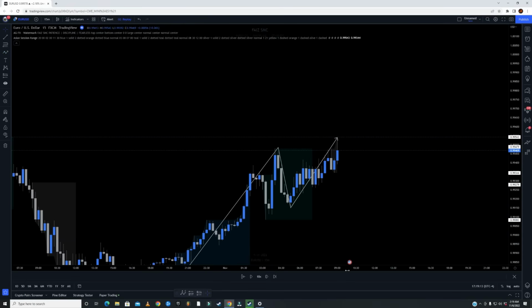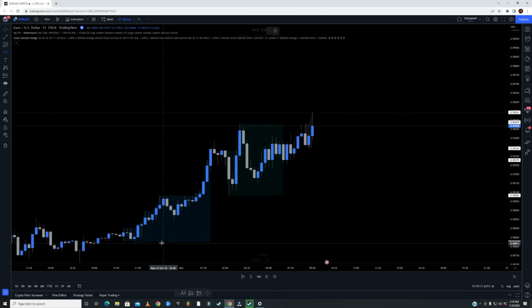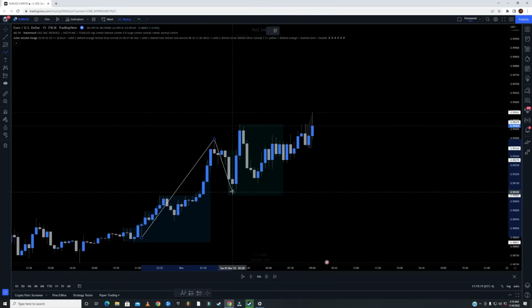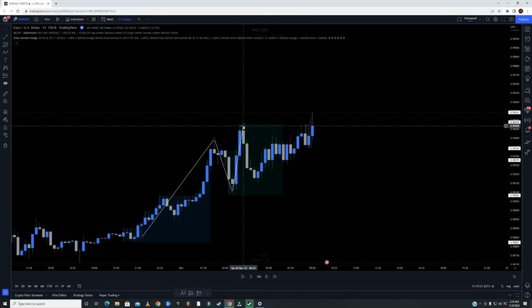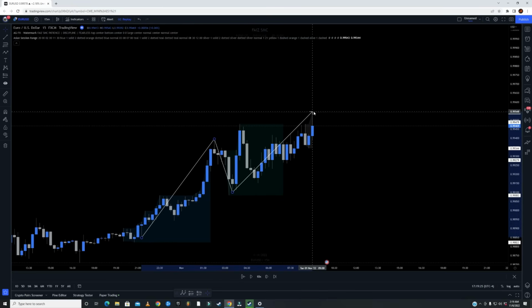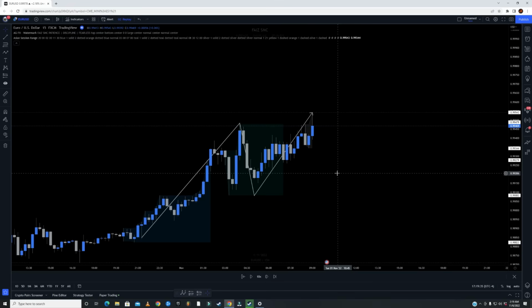Now you might ask me, why do you not consider this A, B, C? Well, I can. But as you can see, if the price keeps going higher, then my A leg becomes this, my B leg becomes this, and my C leg becomes this.